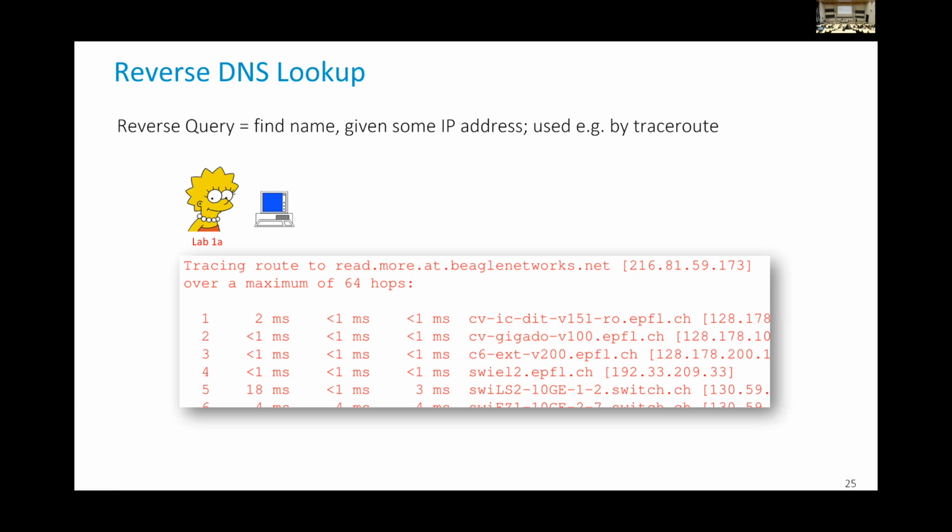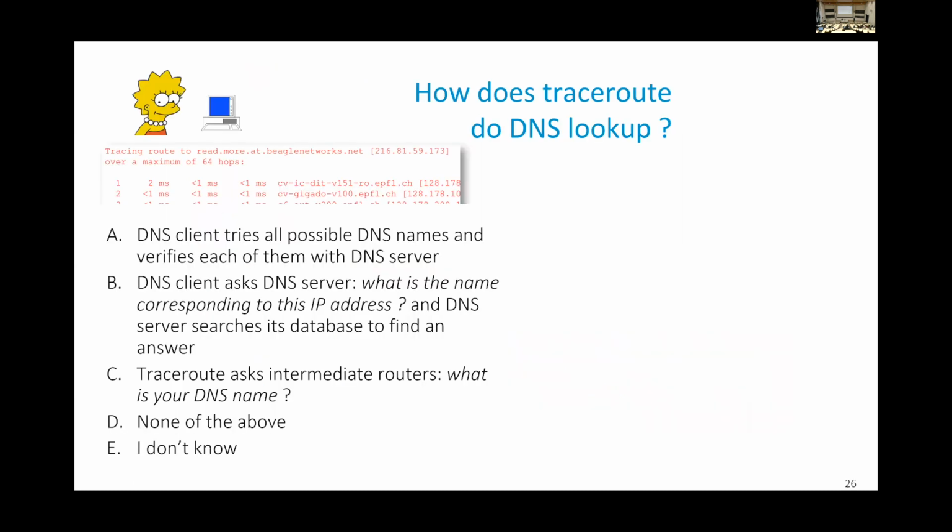So what the traceroute software sees is the IP address of the router who sends this error message. It is the traceroute software that goes to the DNS to find what is the name that corresponds to it here. The name, as we know, is not in IP packets and is also not in ICMP messages here. That's not the goal of such protocols to serve such thing. How do you believe that traceroute does its DNS lookup?